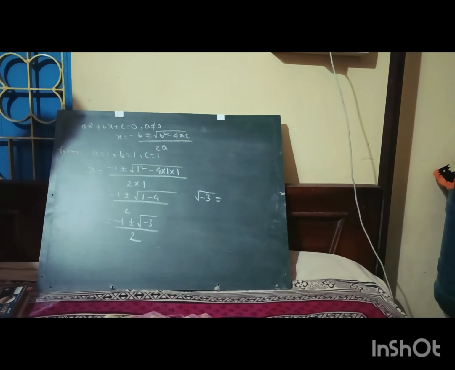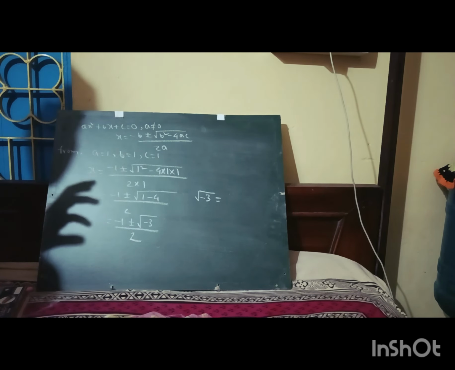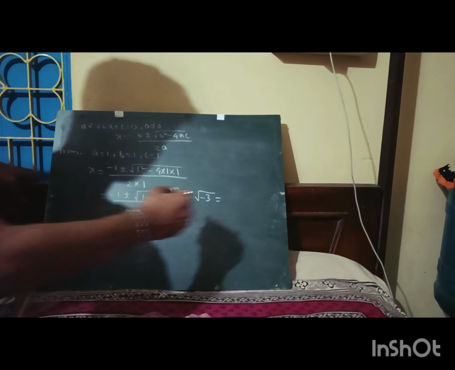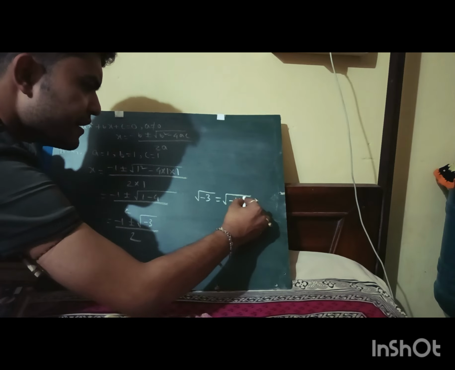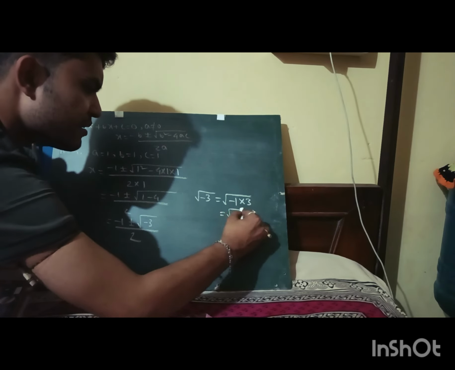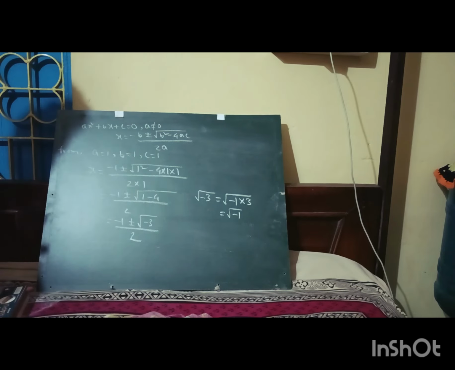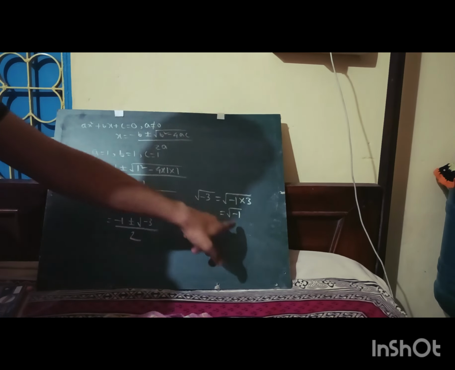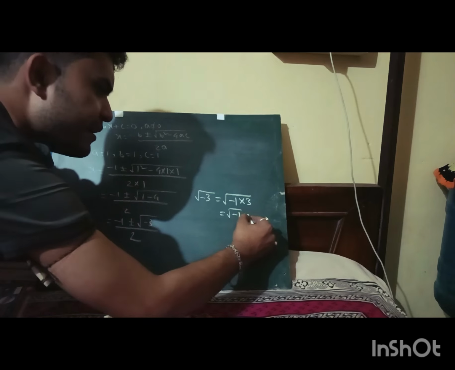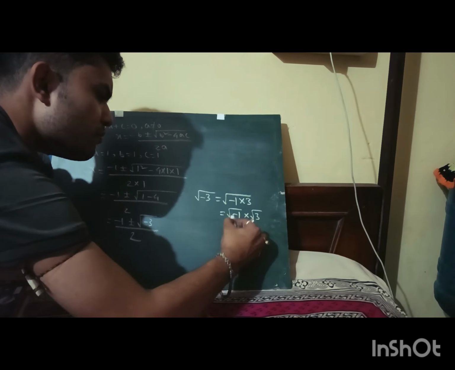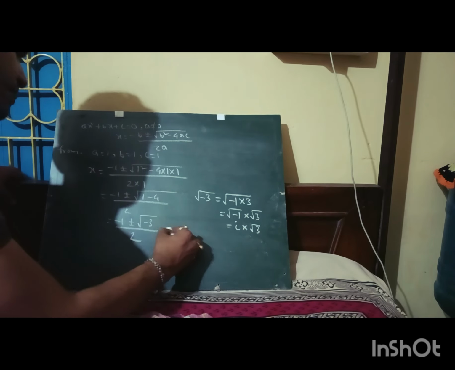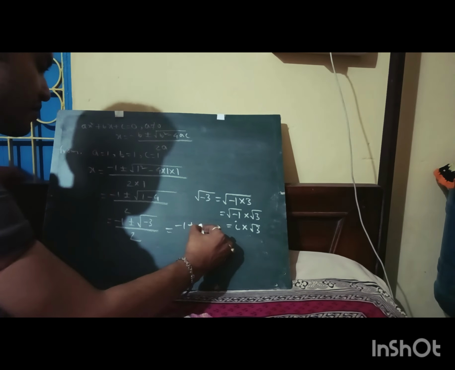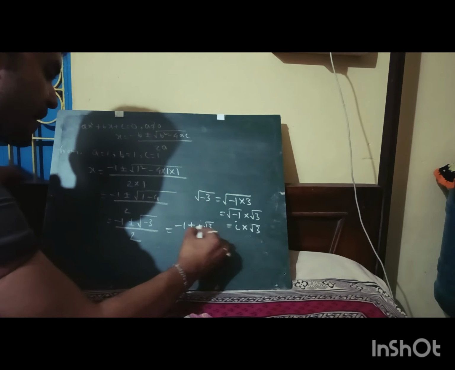We cannot calculate it by previous lessons. We solve it by special calculation. Root over minus 3 means root over minus 1 into 3. That means we split them: root over ab is equal to root a into root b. That means root over minus 1 multiplied by root over 3. Root over minus 1 means i, and root 3. Then it will be minus 1 plus i root 3 by 2.